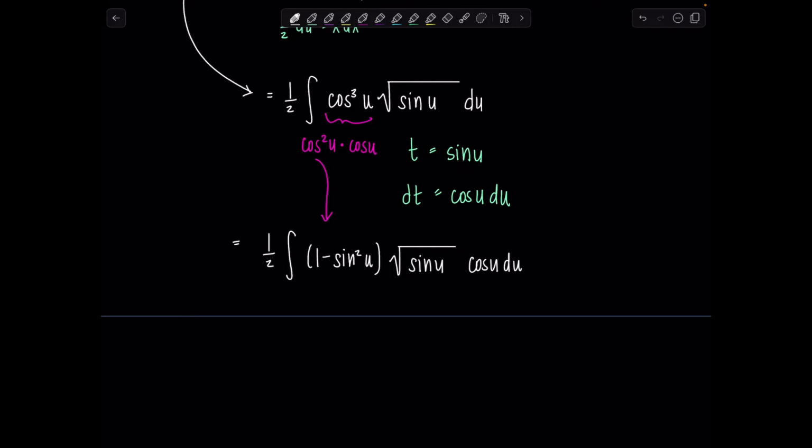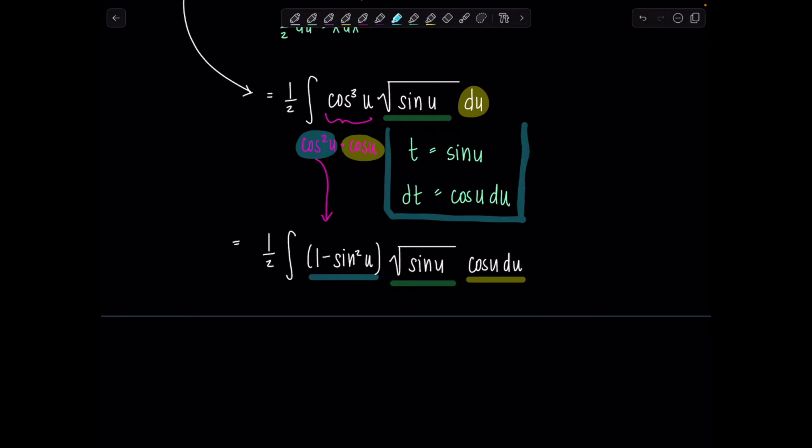So everybody's paired up and ready to go for the second round of substitution. So cosine u du, it's right here, have no fear. Here's my rad sine u, holding up the middle of the integrand, and then 1 minus sine squared u is replacing cosine squared u. Okay?